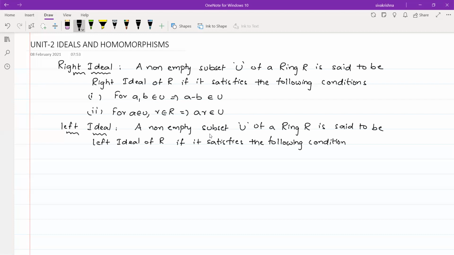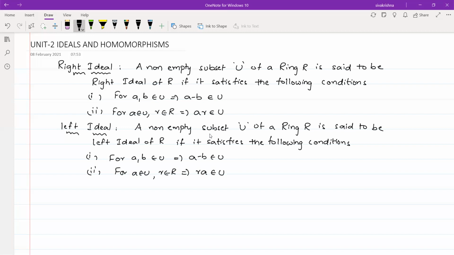So coming to the first condition, once again, for a, b belongs to U implies we have to prove a minus b belongs to U. And in the second condition, for a belongs to U and r belongs to capital R, we have to prove that ra belongs to capital U.